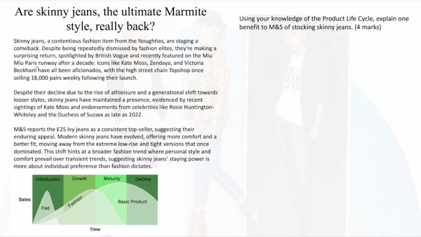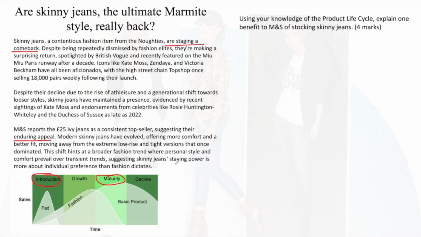So if we look at here, we've got our "staging a comeback". Well, that sounds like an introduction to me. Okay, so we're then looking for "skinny jeans maintained a presence", evidenced by these people. Yeah, so we can see that we've got "enduring appeal", maturity.